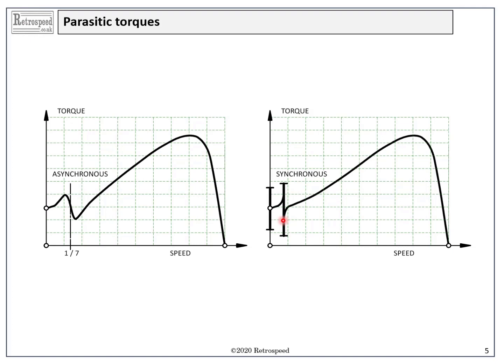Either way, when the motor is crawling or cogging, it makes a very unpleasant noise, and even if it gets through this region, it may still be noisy as it passes through. To extend this, there is a possibility of noise coming from several different sources, and so the subject of parasitic torques or torque irregularities is closely bound up with the subject of noise.